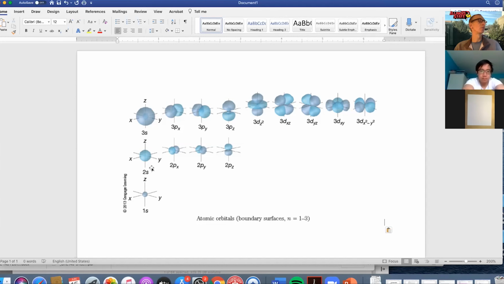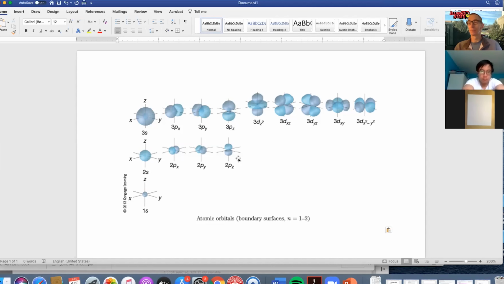Then there's one that's a little bigger called the 2s that's also a sphere. Near the 2s are these ones called the 2p. They are like lobes, but they don't actually touch the center part of the nucleus. So we're going to work with drawing some of these orbitals, these locations where the electrons are.